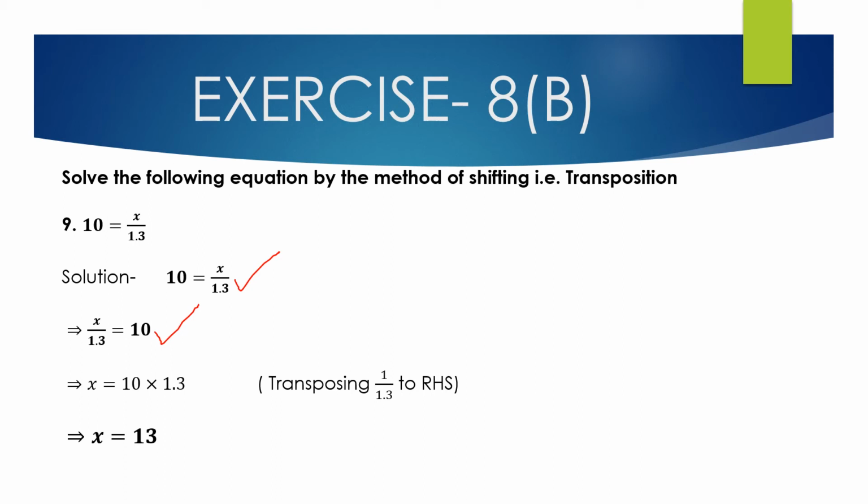Now x divided by 1.3, this 1 divided by 1.3 transposed to the right hand side, then division changes to multiplication, then we get x equal to 1.3 multiplied with 10, and 1.3 multiplied with 10 will be 13. Now we get x equal to 13 and value for the variable x is 13.